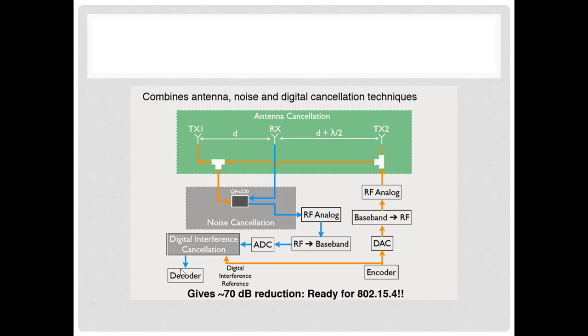This technology gives about 70 dB reduction, and it is ready for 802.15.4. So mainly this technology was developed for this type.